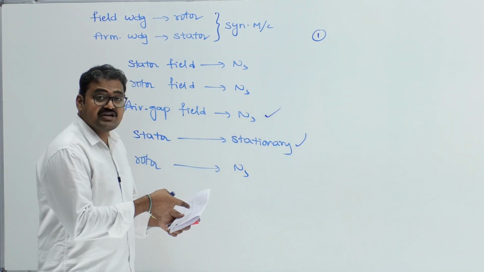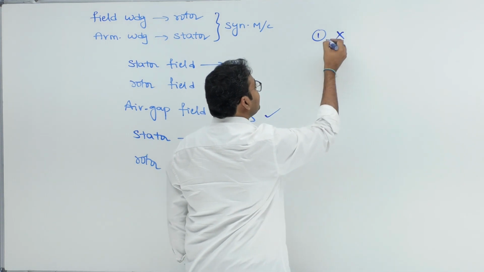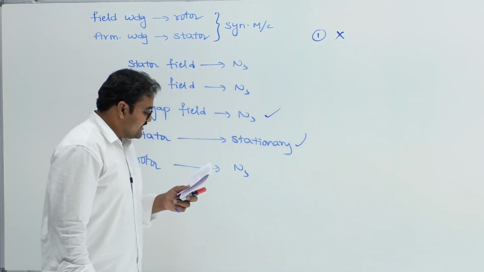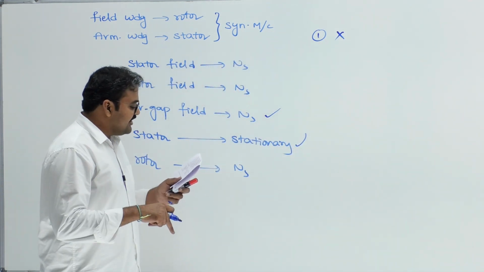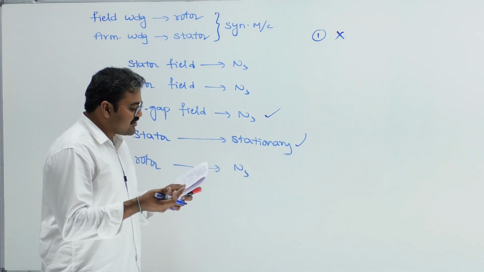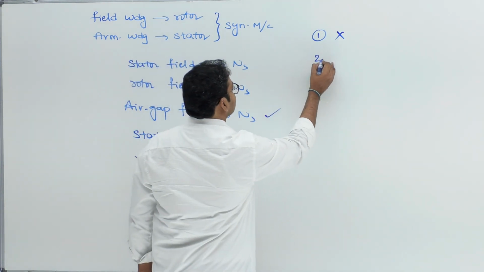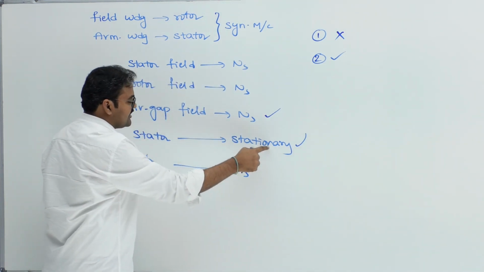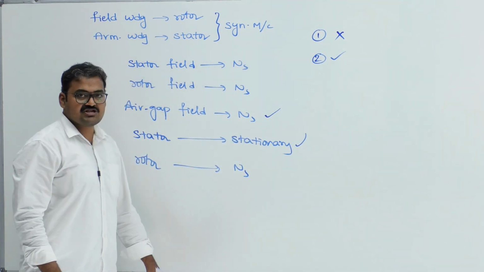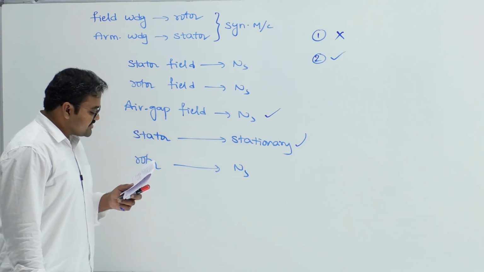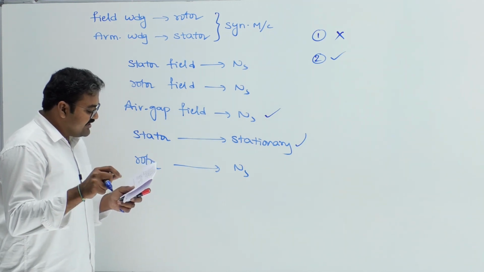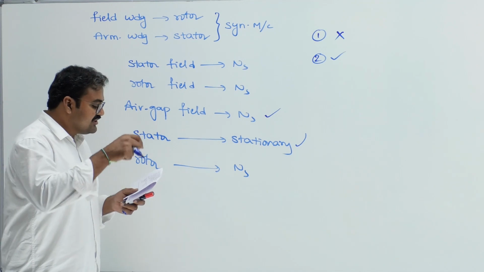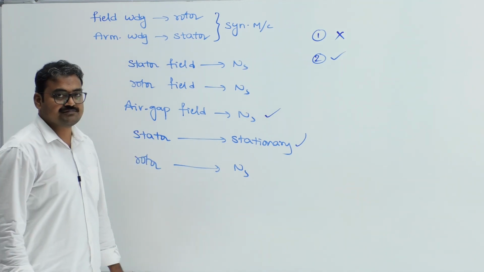But they said stationary, therefore the first statement is wrong. Second statement, air gap field is rotating at synchronous speed with respect to stator. That is correct. The relative speed between air gap field and stator is ns. Second statement is correct.